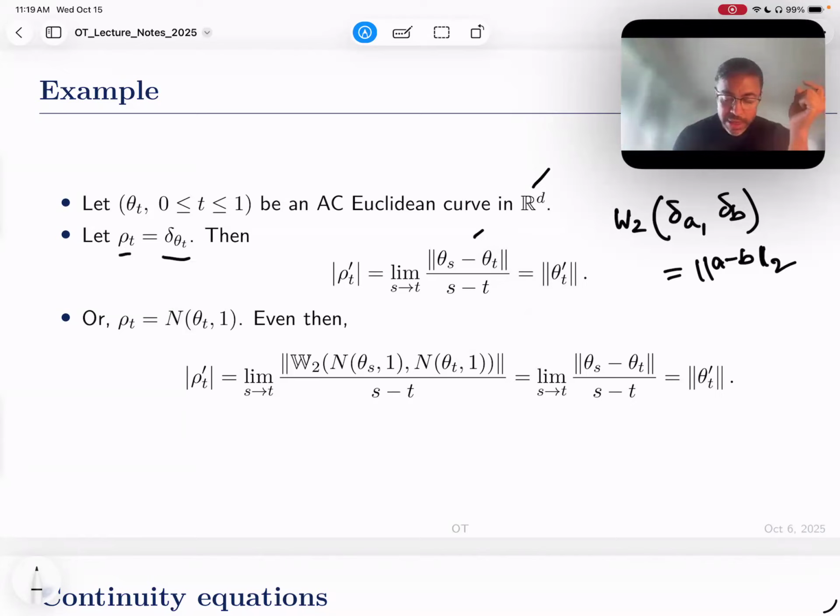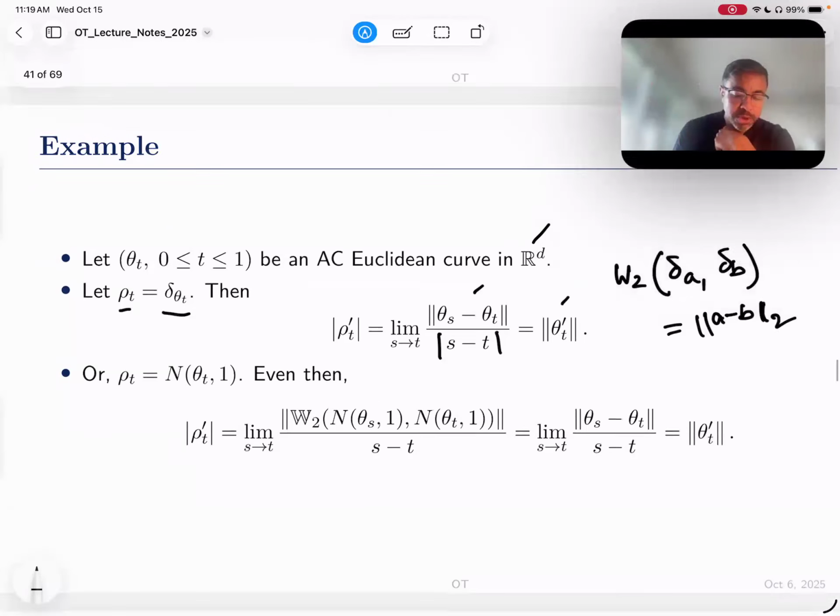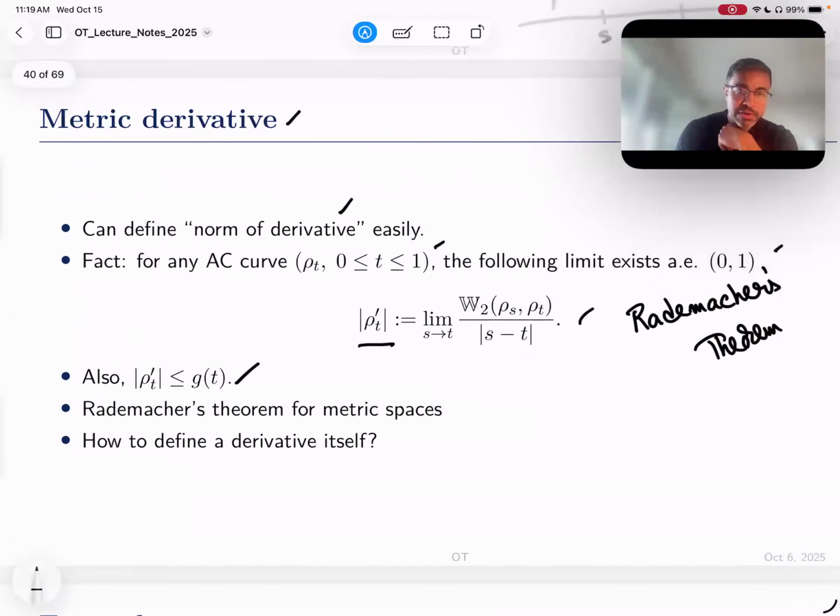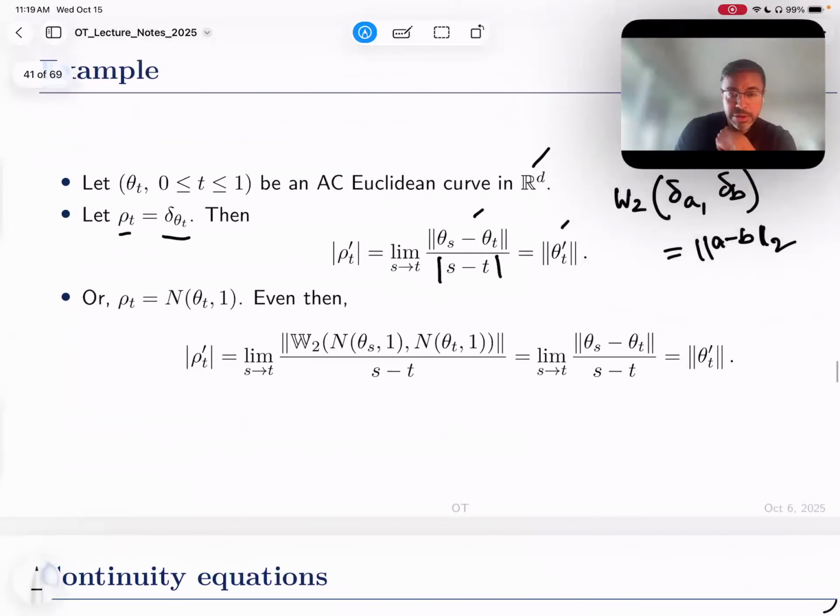I divide by the absolute value of s minus t, and if I take the limit of s to t, I get the norm of the derivative of theta at time t. So if theta is itself absolutely continuous, by the usual Rademacher's theorem, a derivative will exist almost surely. And the norm of this derivative, at whatever point it exists, will also give the metric derivative of the corresponding curve, which is the delta mass over theta t.